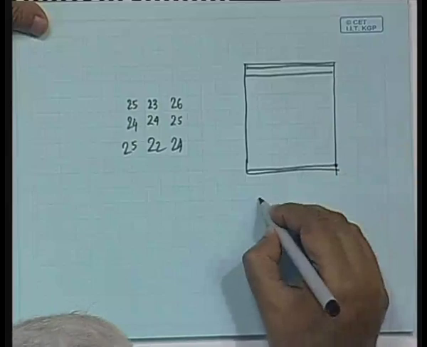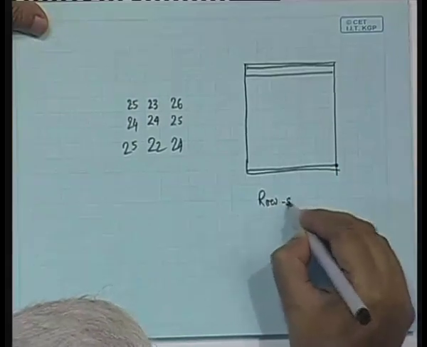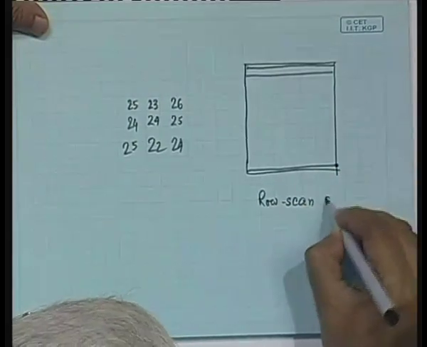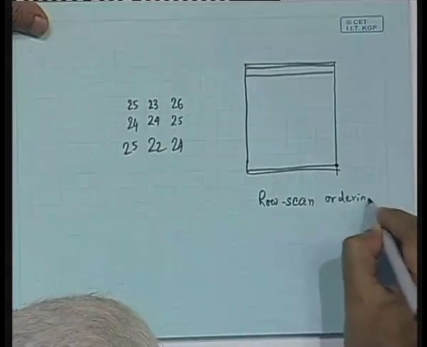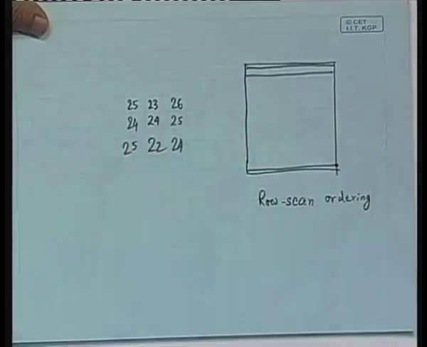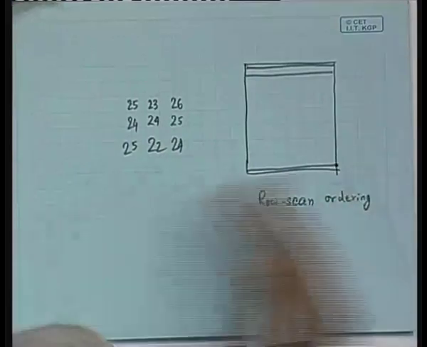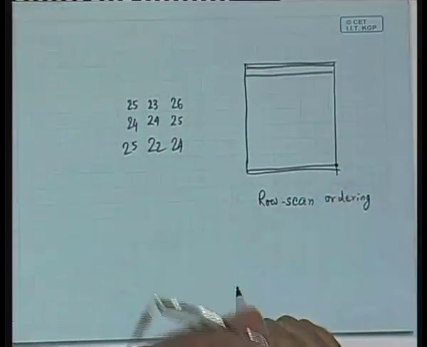So, this is the normal row scan ordering. It is ordered row-wise: first complete a row, then go over to the next row. This is the order in which it goes on.